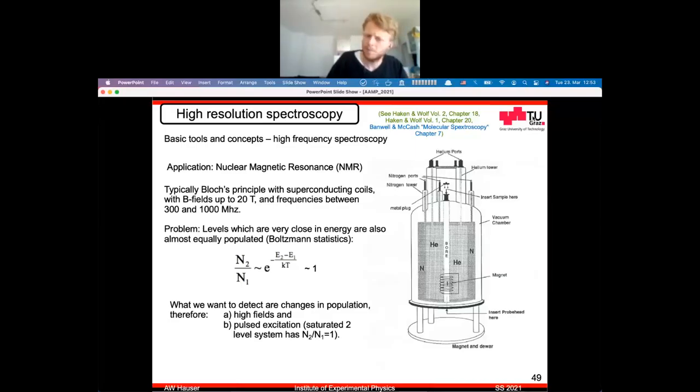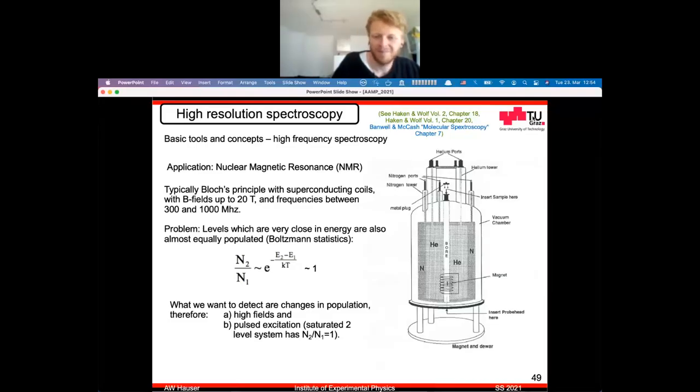If you have a continuous excitation of a two-level system, we know already that this doesn't really help, or the best that you can get is actually which situation? So two-level system, continuous excitation. What's going to happen? What is your equilibrium state of population in this case? 50-50. 50-50, exactly. And why?